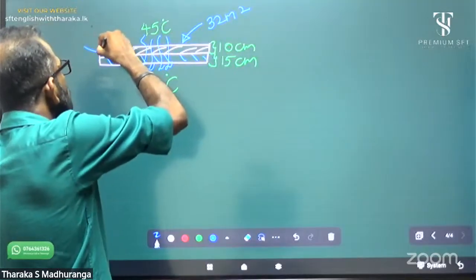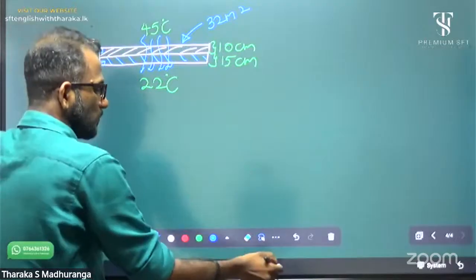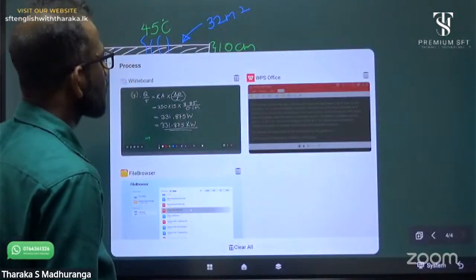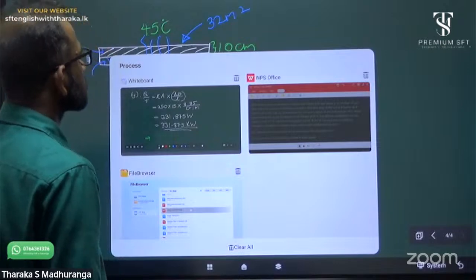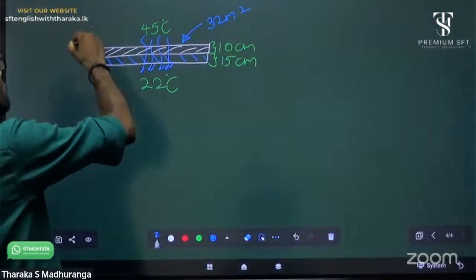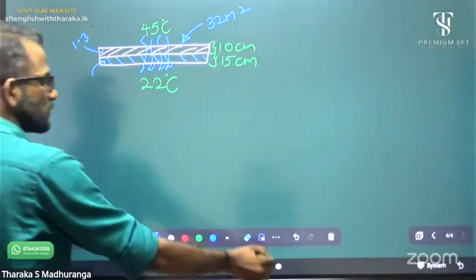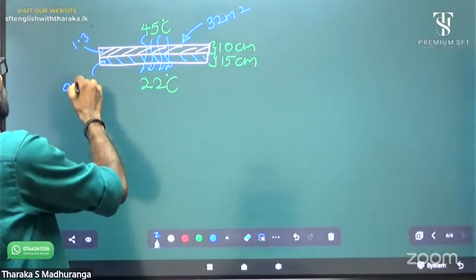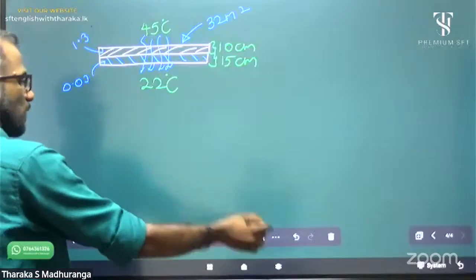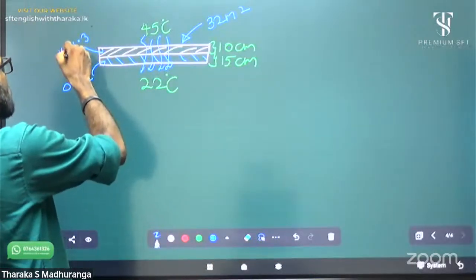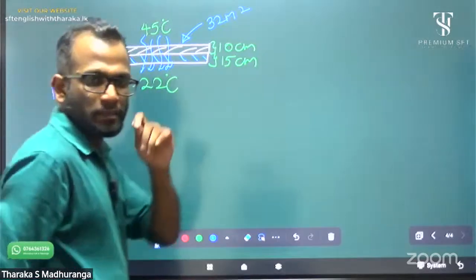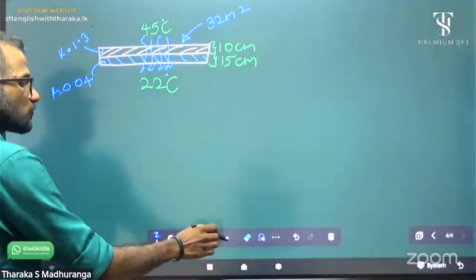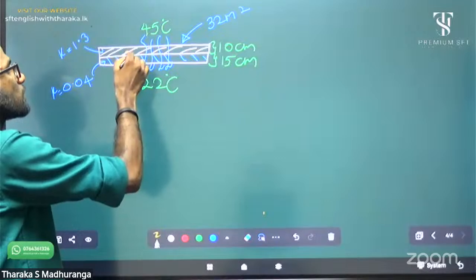And the thermal conductivity of tile and fiber are given separately, 1.3 and 0.04. All the required data are given.